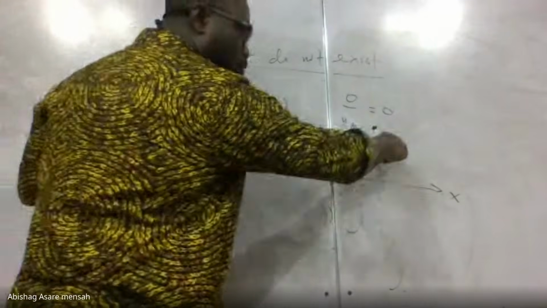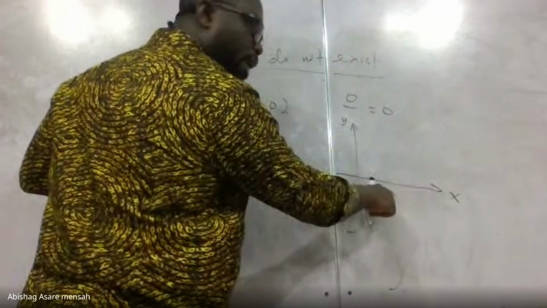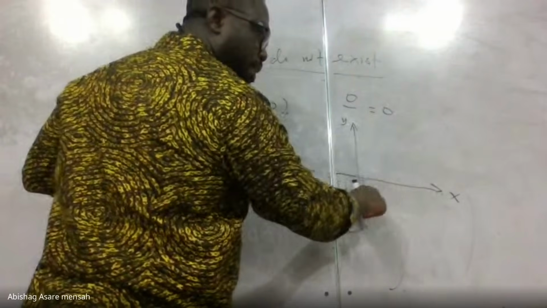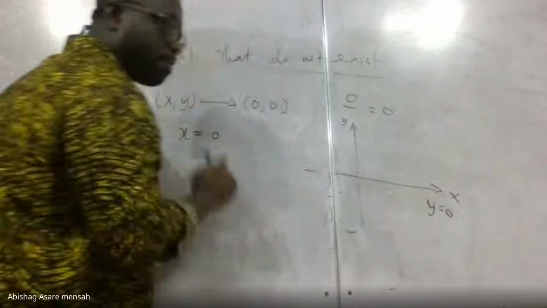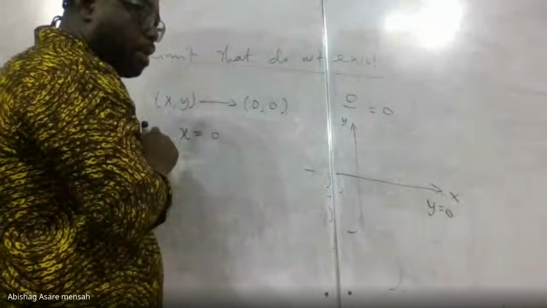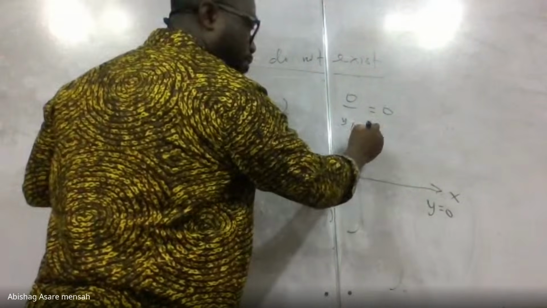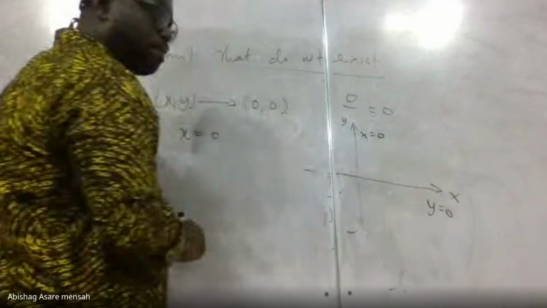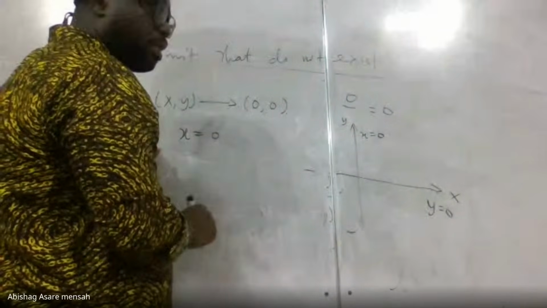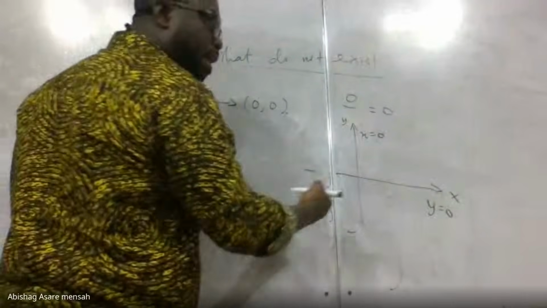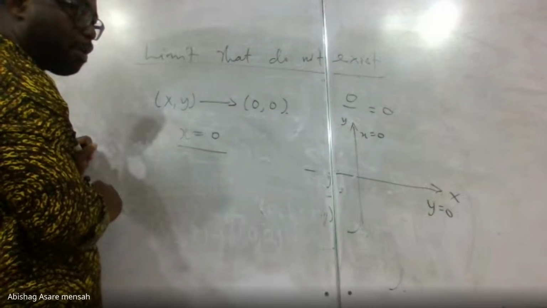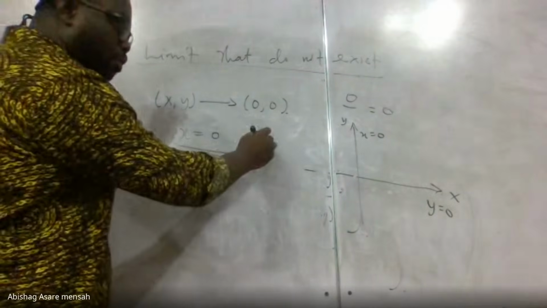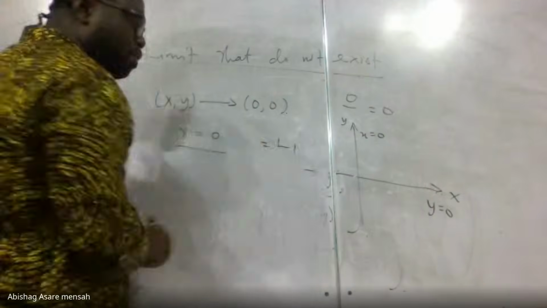Know that on the x-axis, y is equal to 0, and on the y-axis, x is equal to 0. So to study the behavior of the curve as it moves towards the x-axis, we set y equal to 0 to look at what will happen. Then look for the result. So we note the result to be L1.